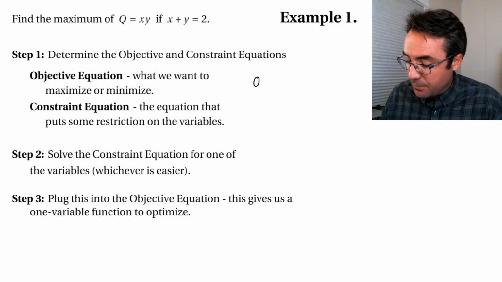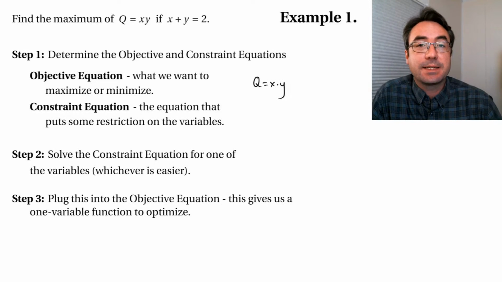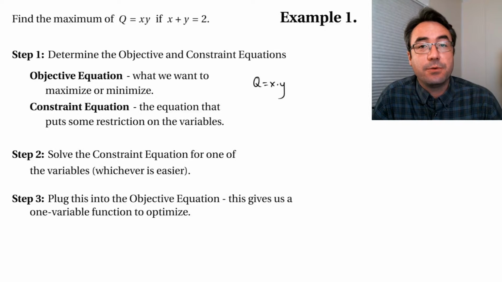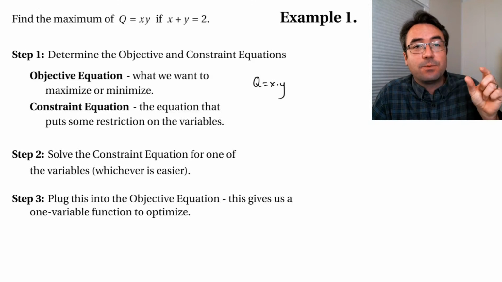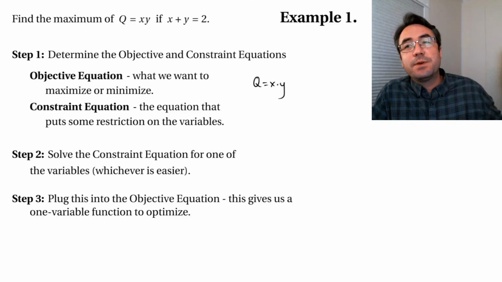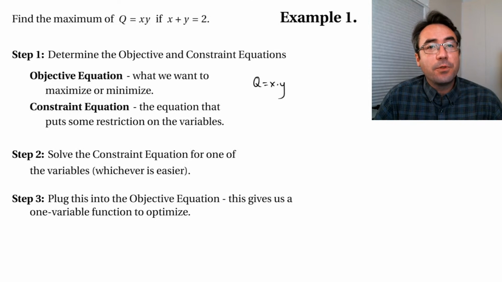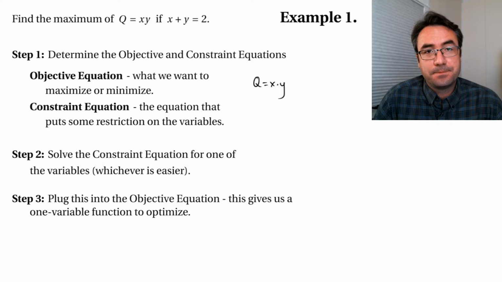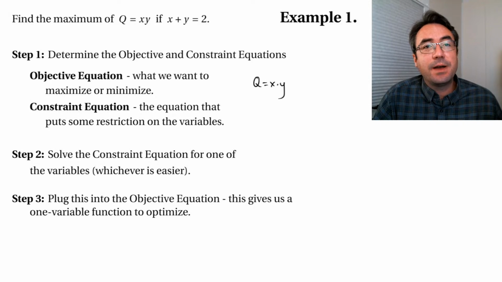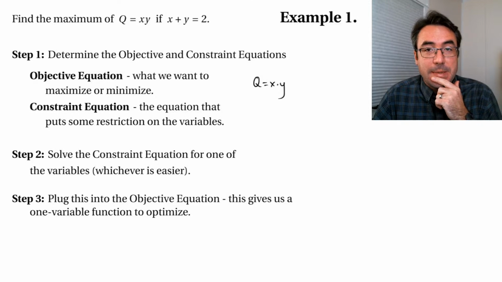So let's write that down. We want to maximize q equal to x times y. We want to find the largest value of that function. Now the issue there is there's two variables, x and y. In all the problems we've looked at in the last section and the sections before, we've only been dealing with one variable. So the issue here is how do we find the maximum value for a two-variable function?